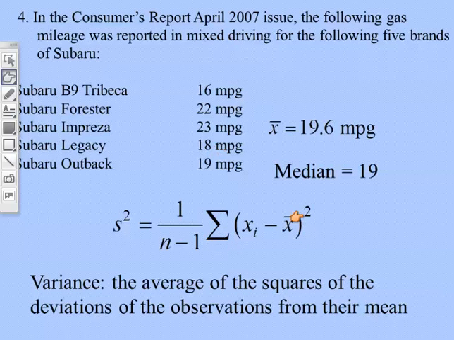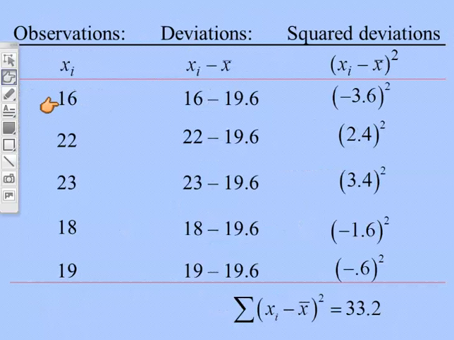Okay? Let's try that real quickly here. So I'm going to take 16 minus 19.6, take the difference, and square it. 22 minus 19.6, take the difference, and then square it. 23 minus 19.6, take the difference, square it. Okay? And I'm going to take all of these and add them up, and I get 33.2.